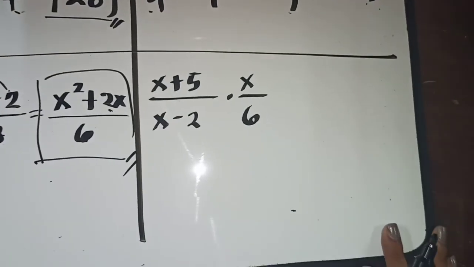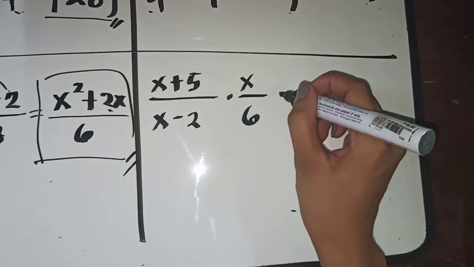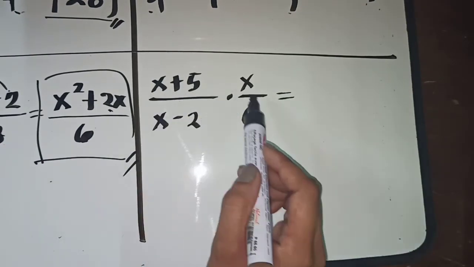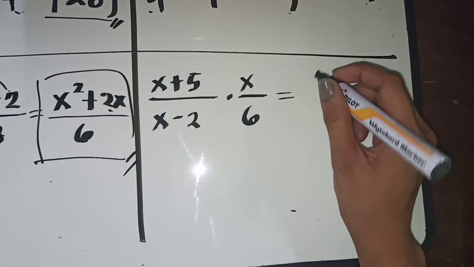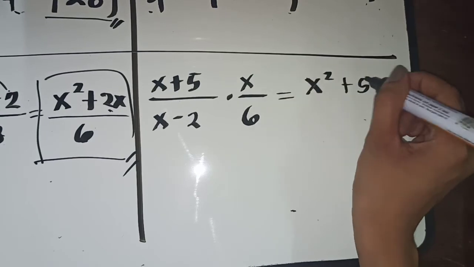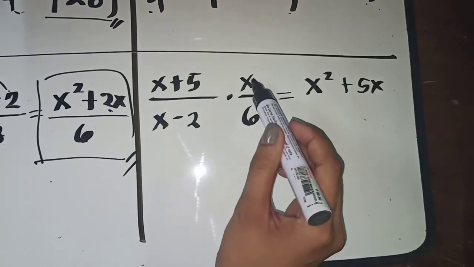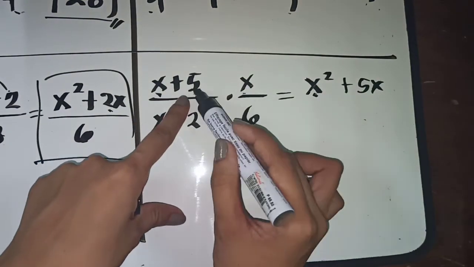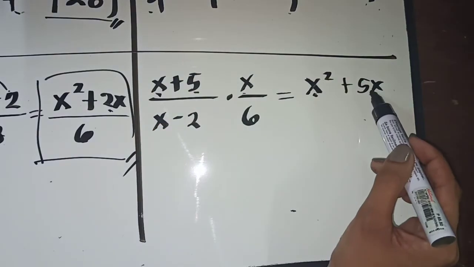What if I have x plus 5 over x minus 2, then multiply by x over 6? So, numerator by numerator and denominator by denominator. So, x plus 5 multiplied by x is x squared plus 5x. Bakit po? x multiplied by x is x squared. x multiplied by 5 is 5x.